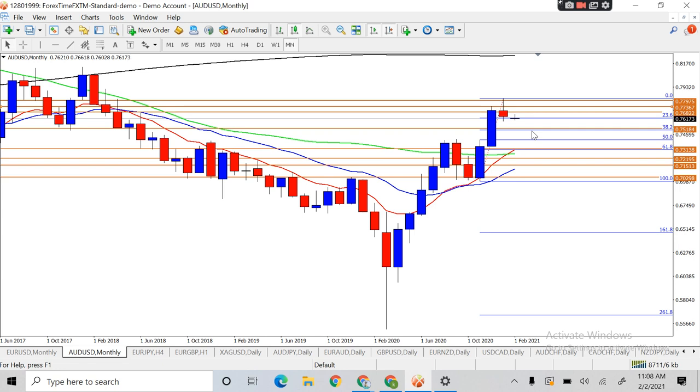I will see how price reacts to it, but if price breaks 23.6, it should hit 38.2, which corresponds to the support line of 0.75184. I could decide to do my buy from that point of fib of 0.75184.